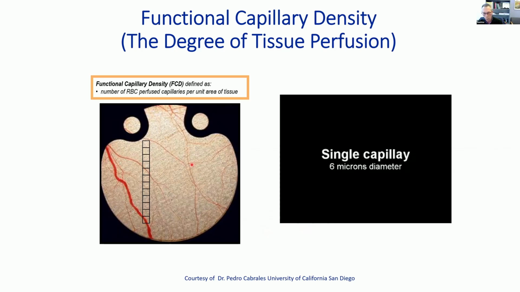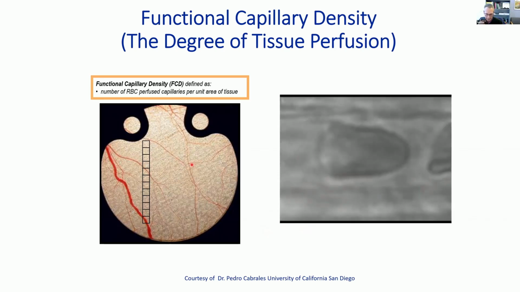And as you lose more of these, the perfusion obviously to tissue decreases. And as you can see here, these are red cells going through a capillary deforming. If you were to plug up this capillary, you would lose the functional capillary density. But they're quite efficient at doing this under normal conditions.